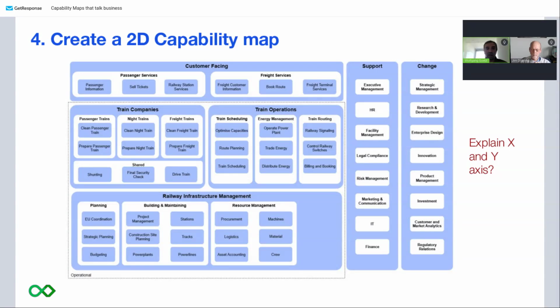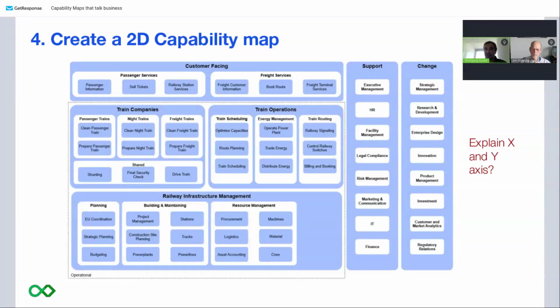Why do I structure it in train operations and train companies? Well, maybe this is more driven by product groups. So I group capabilities by passenger train, which is a major product group, by night train, which is another major product group, or by freight trains, which is another major group. This was an intentional design decision. In that case, I decomposed it by product group.